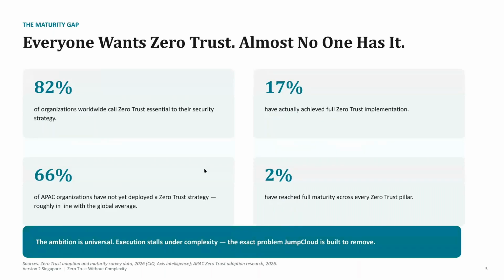Why? Because there are some figures. So 82% of organizations worldwide call zero trust essential to their security strategy. But only 17% have actually achieved full zero trust implementation.